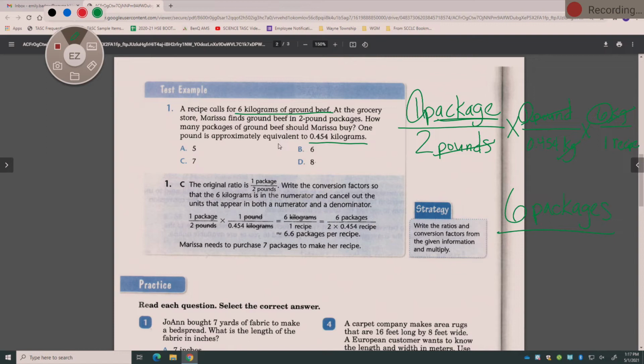And that equals out to about 6.6 packages per 1 recipe. So if she's got 6.6 packages per recipe, she needs to buy 7 packages. Okay?